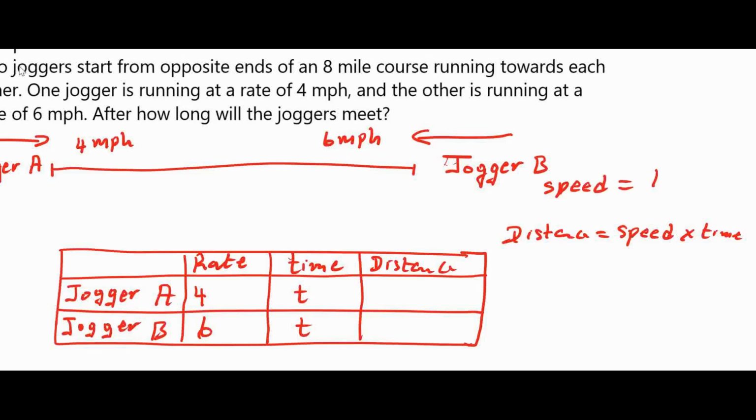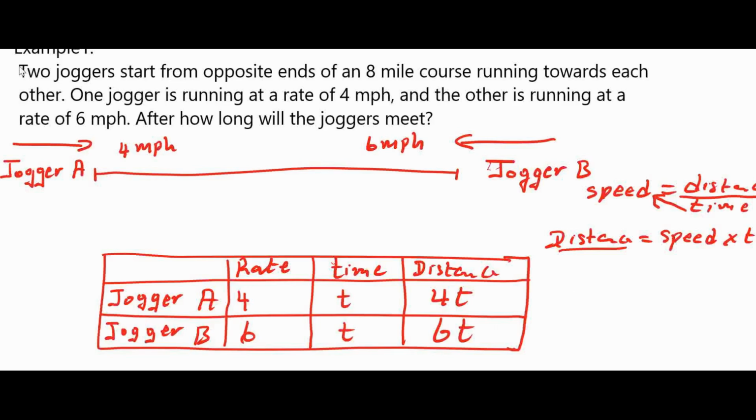Speed is equals to distance divided by time. I hope we are familiar with these formulas. So for us to find the distance, we just cross multiply, use the time to multiply the speed, and that gives you the distance. That means the distance covered here will be 4 times t, which is 4t, and jogger B will cover a distance of 6 times t, which is 6t.